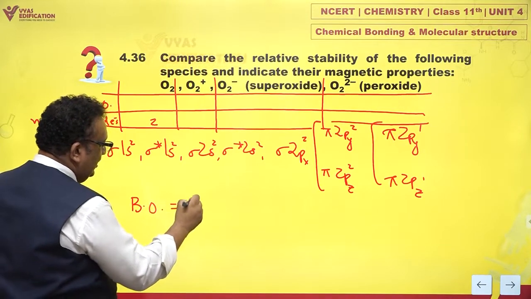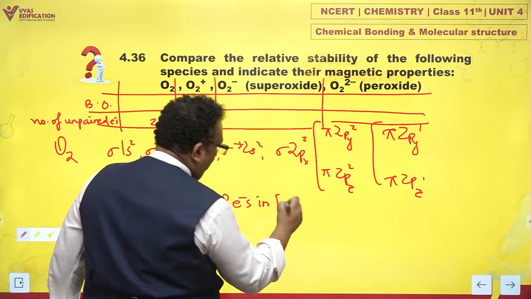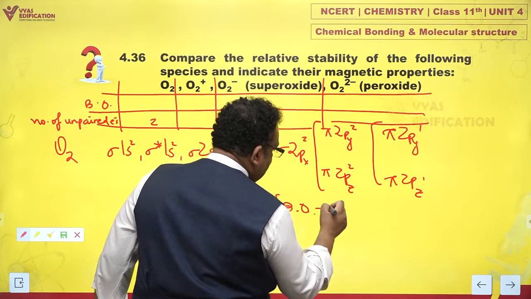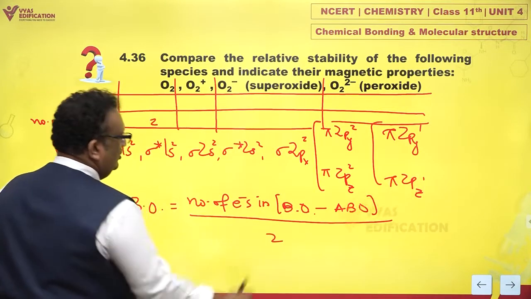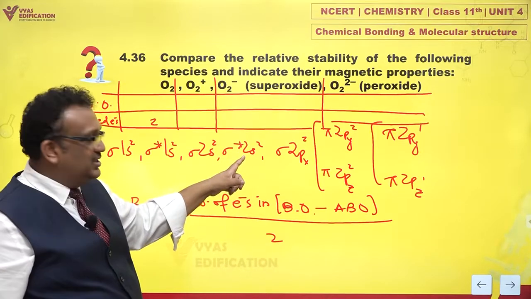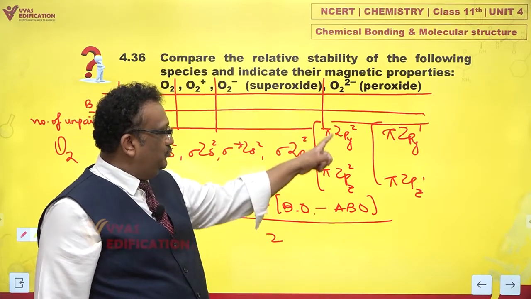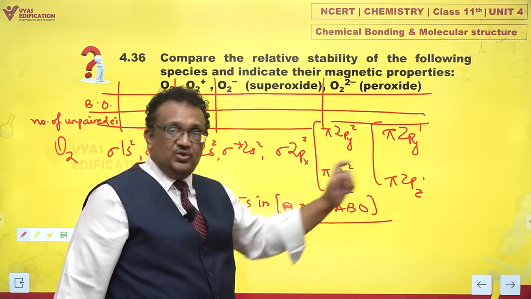Bond order is number of electrons in bonding orbital minus anti-bonding orbital by 2. Plus 2 minus 2, plus 2 minus 2, they cancel out. Plus 2, plus 2, plus 2. 2 plus 2, 4 plus 2, 6. Minus 1, minus 1.